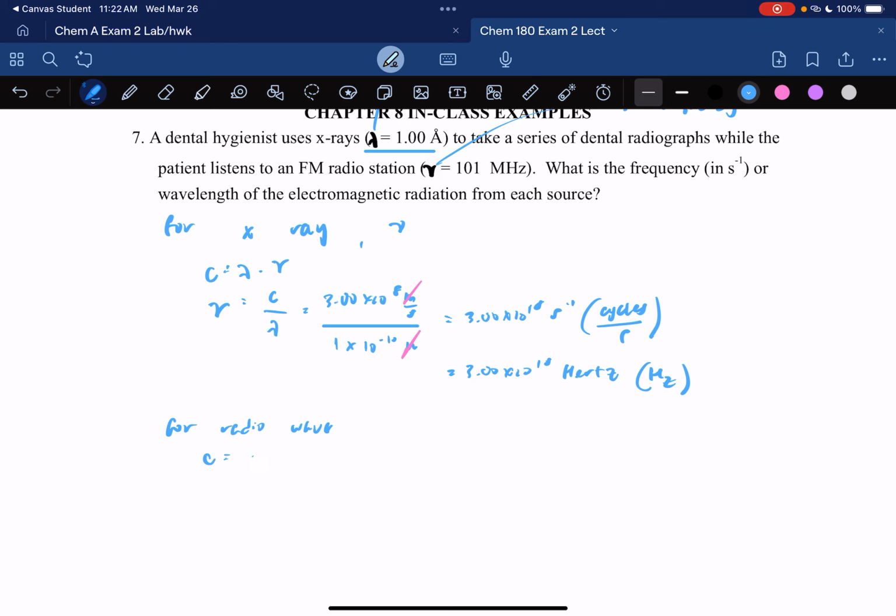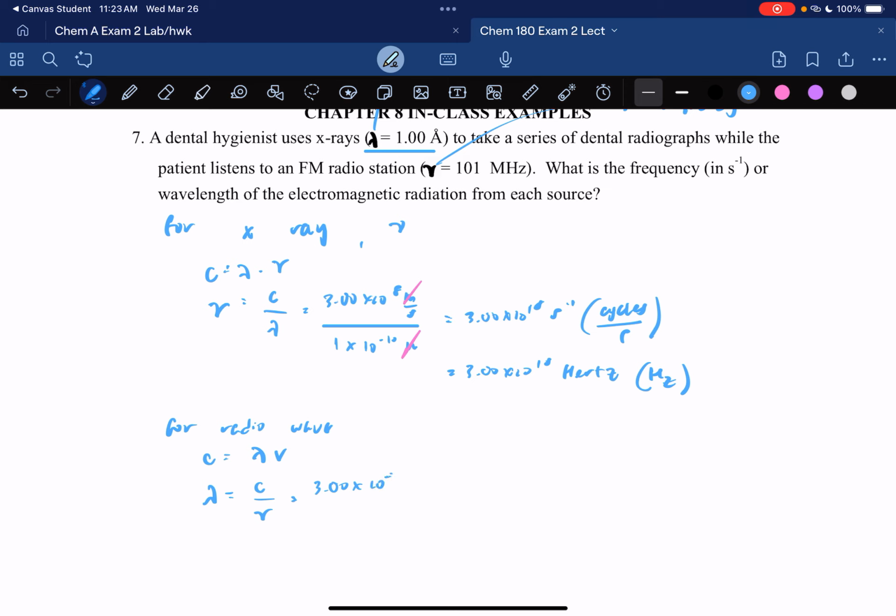C, using 3 sig figs, is 3.00 times 10 to the 8 meters per second, divided by the frequency, 101 megahertz.